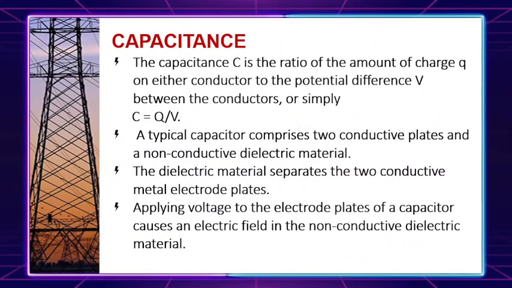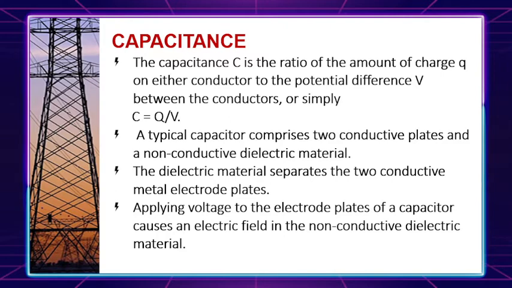To get to know more, capacitance, or capital C, is the ratio of the amount of charge, symbolized as Q, on either conductor to the potential difference, or volts, between the conductors. Simply, C equals charge over voltage.